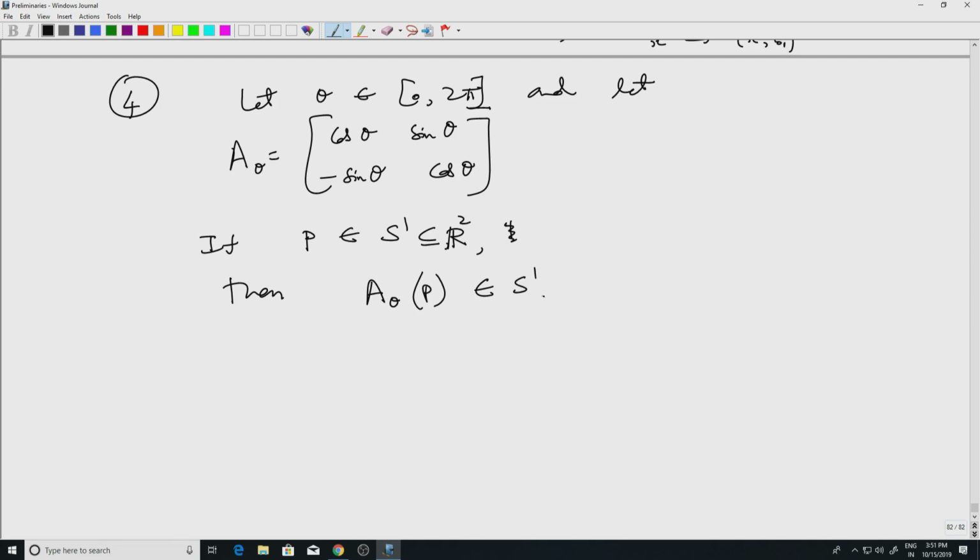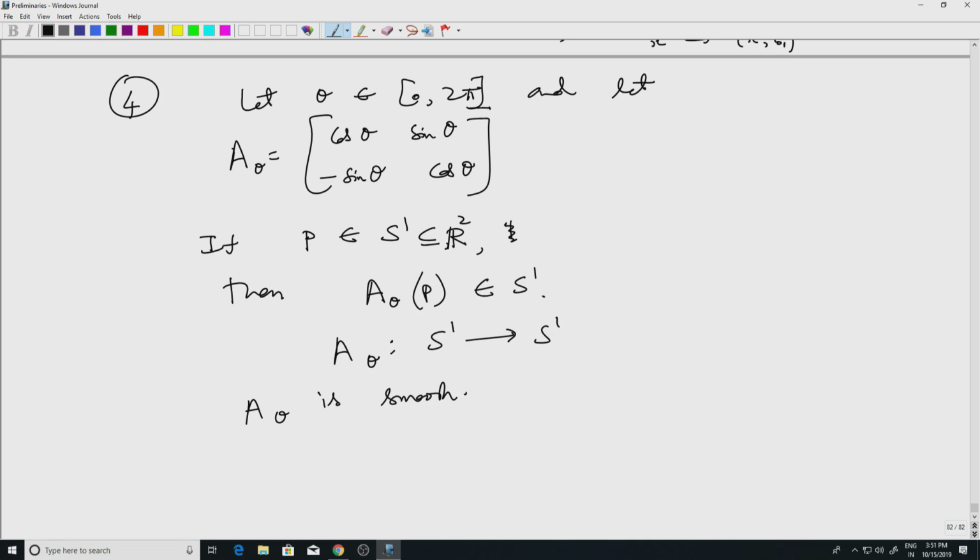This is a rotation matrix, so P belongs to S1 just means that norm P is 1. Since it's a rotation matrix, A theta P also has norm equal to 1. So A theta is a map from S1 to S1, and this rotation map is smooth.